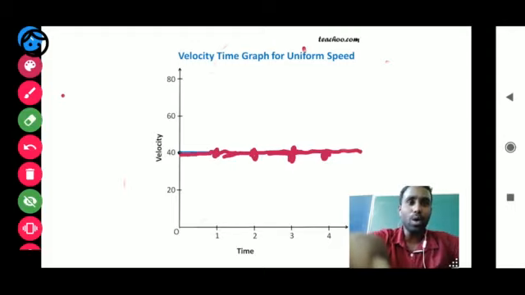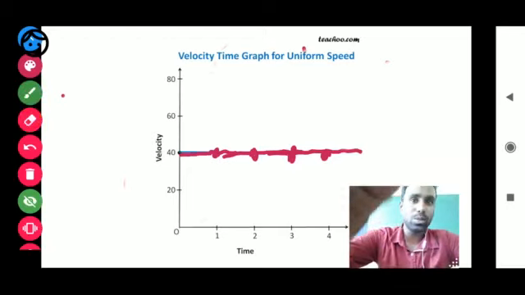But how much distance can we cover from the speed-time graph, or velocity-time graph? Velocity equals displacement divided by time, as you know.